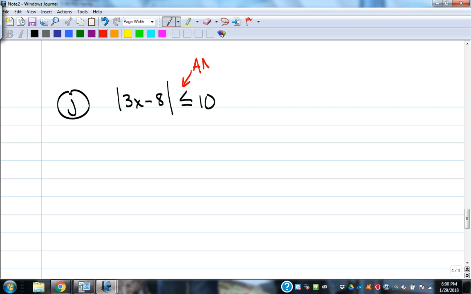It's an and problem. And problems, in my opinion, are easier because there's just one inequality to solve. So when you set that up, you're going to set it up 3x minus 8 is less than or equal to 10. Then you're going to go back here to the left-hand side. You're going to put another less than or equal to sign and then put your negative 10 down there.